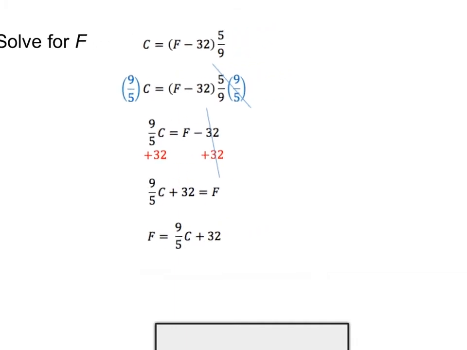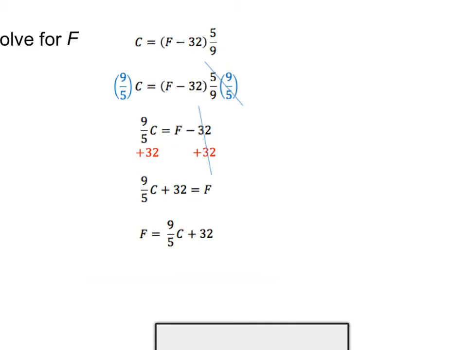I want to show a different way to do this. So let's come back up to this part right here, and let's do it a different way. So I'm going to rewrite it because I hate having that fraction on the back end. I'm not a big fan of fractions, but seeing how there is one term on this side and one term on this side, if I multiply all my terms by the same number, I keep the equation balanced, and I can get rid of this 9 in the denominator.